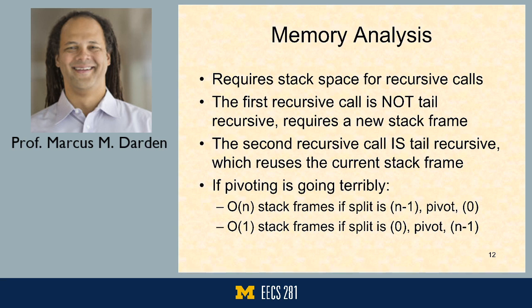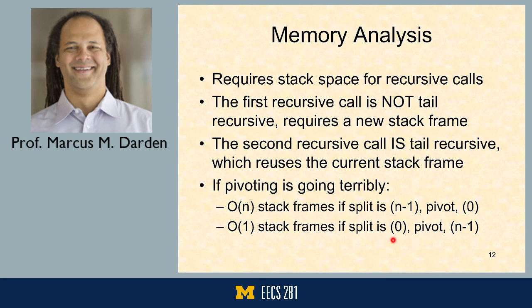The other version of it, right? If pivoting is going terribly, I can say, well, if it doesn't change my time complexity, I can still, if I'm always picking the smallest item, then the things to my left are going to be length 0, and the things to my right are going to be length n minus 1. So I won't need additional stack frames there.